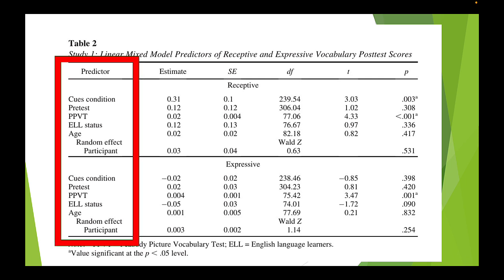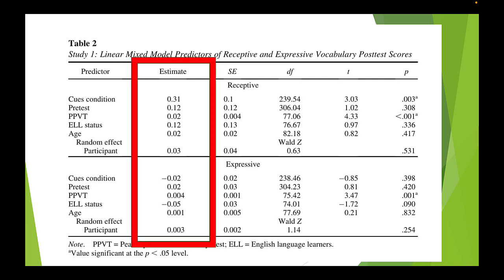Now, in this table, the first column are predictors, and these are the independent variables that are being tested in the particular model. The estimate represents the expected change in the outcome variable if it were to increase by a particular amount.